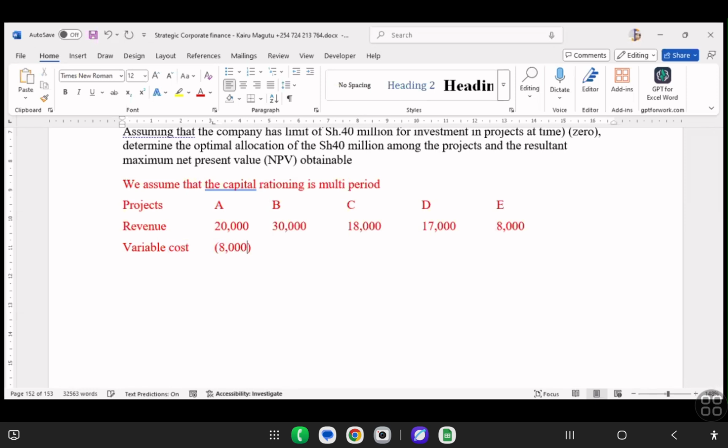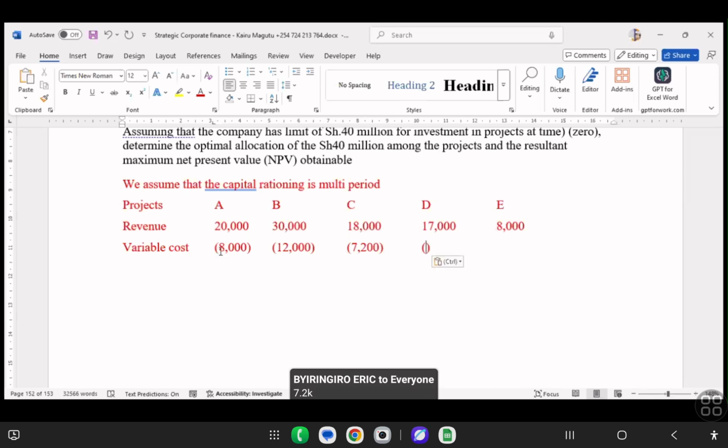Is this 8? This one, 40% of 30, I think it is 12. This one, what is 40% of 18? I think it is 7.2. Please confirm for me.